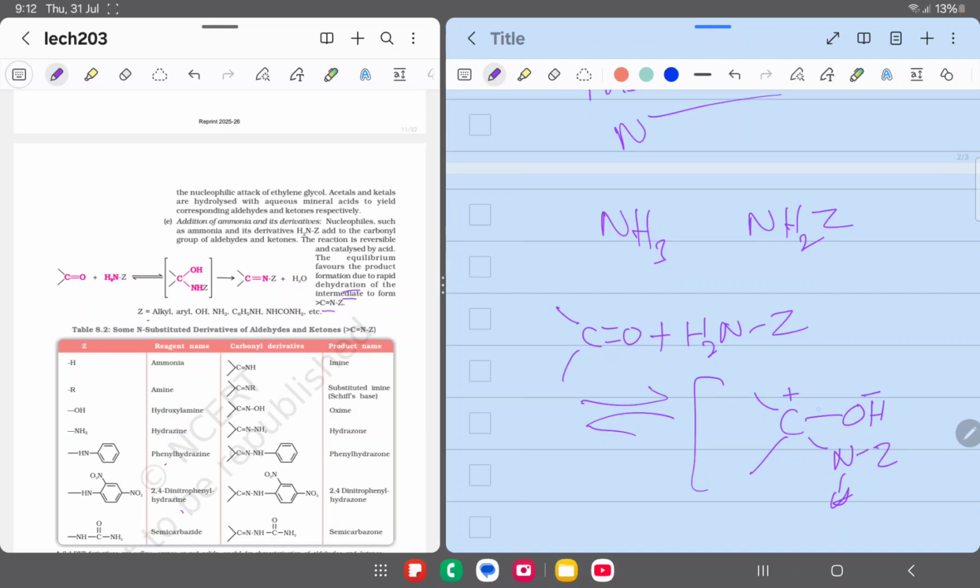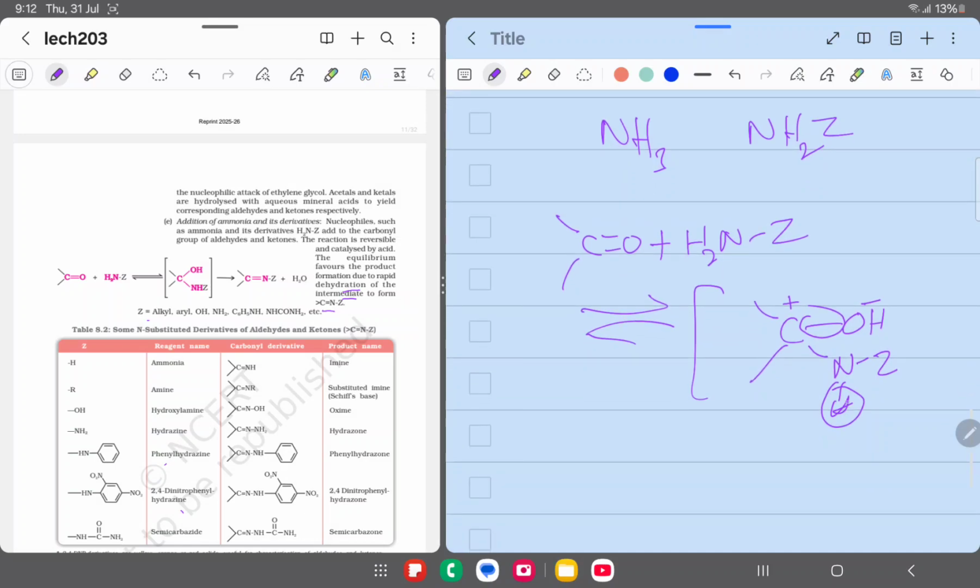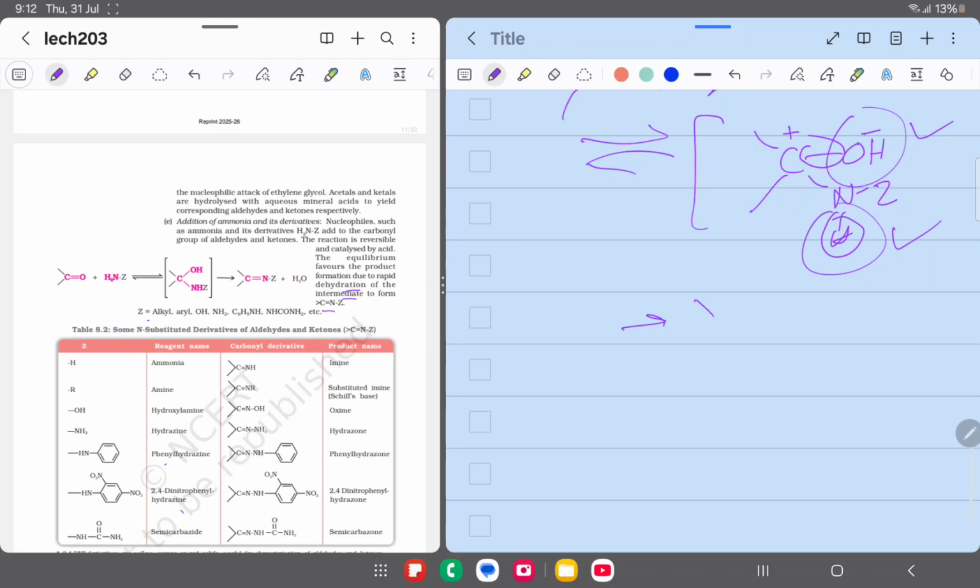Now this bond breaks and this bond breaks, so here it forms a double bond with nitrogen, and this hydrogen and this OH will form the water molecule, and C=N-Z.